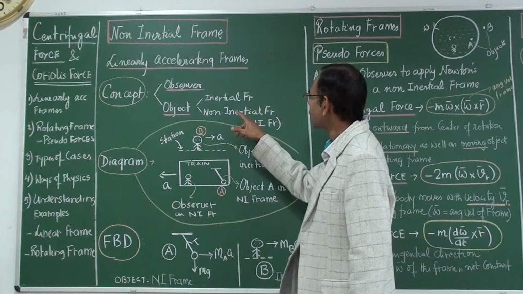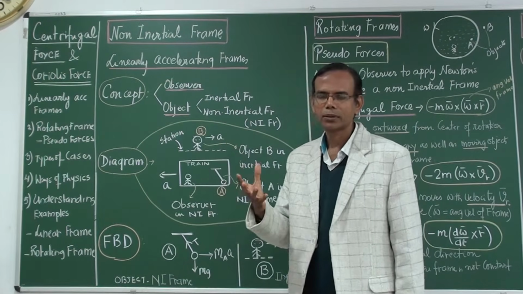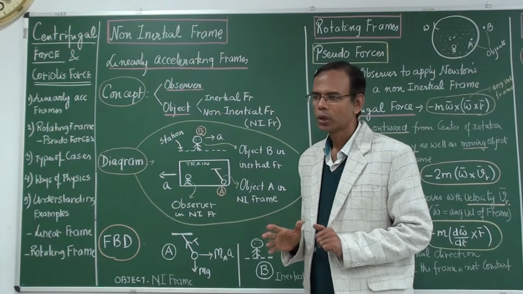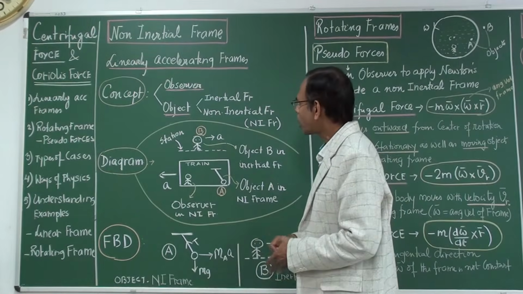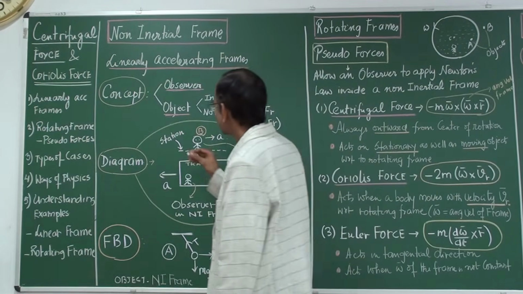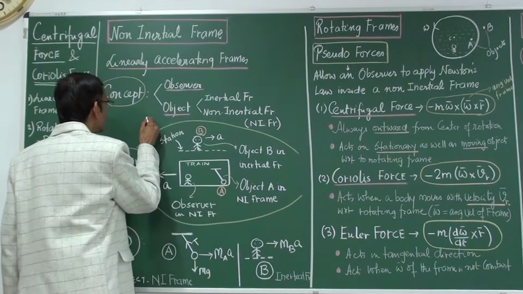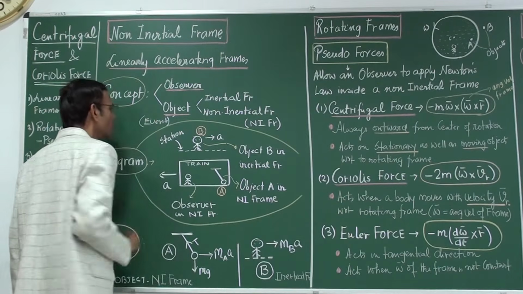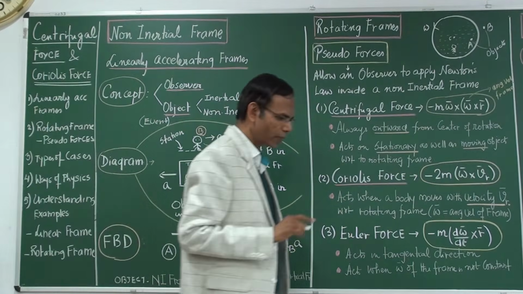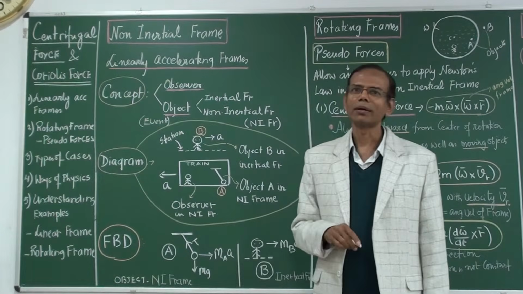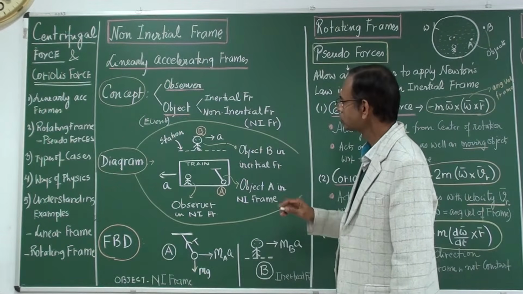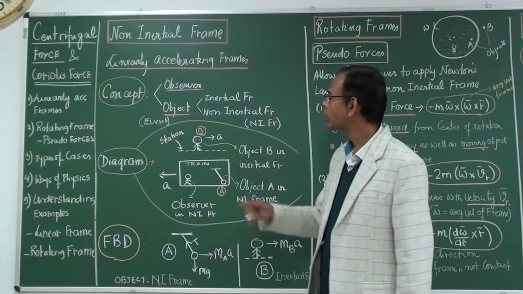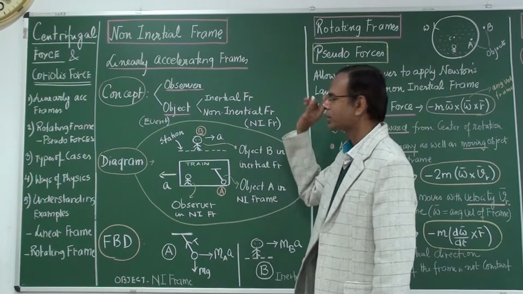Now, other than the observer, there is an object. The object is what an observer looks at, what is being observed. Sometimes we use the word event, but generally I would like to avoid it because we use this word in relativity. The object can be in the inertial frame, it can be in the non-inertial frame.